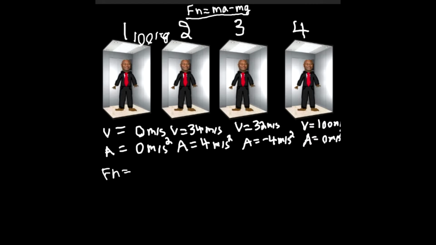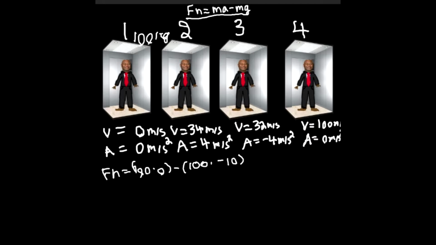And so in our first elevator situation, we would plug in these numbers to solve for the normal force. So Fn equals mass, which is 100, multiplied by the acceleration, which is 0, minus the mass, again 100, multiplied by the gravitational acceleration, which is negative, so it'd be negative 10.